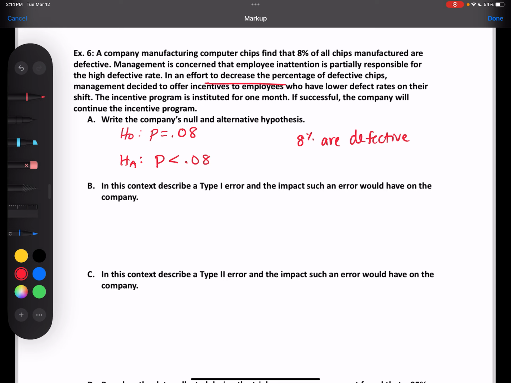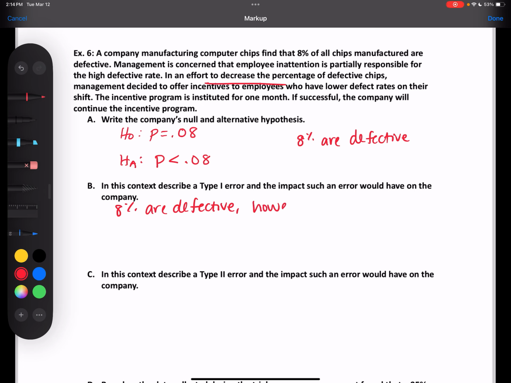So 8% are still defective, okay? But they think that the incentive program is working, right? They think the program is working and that they have less. So 8% are defective.